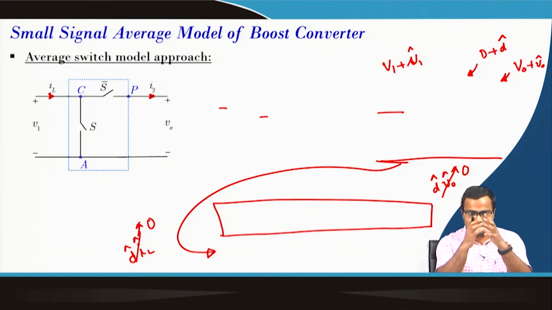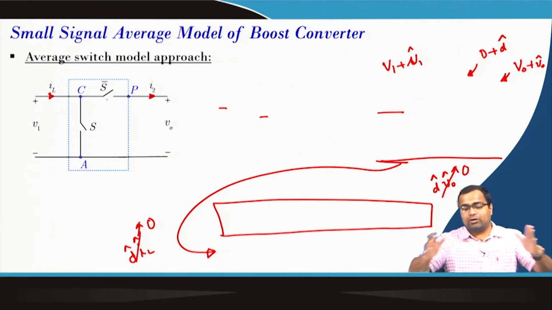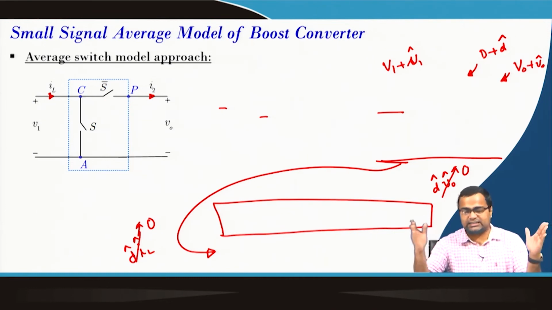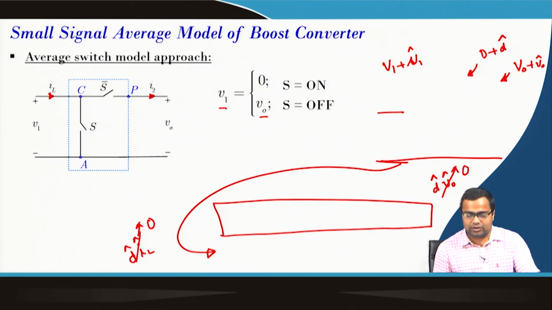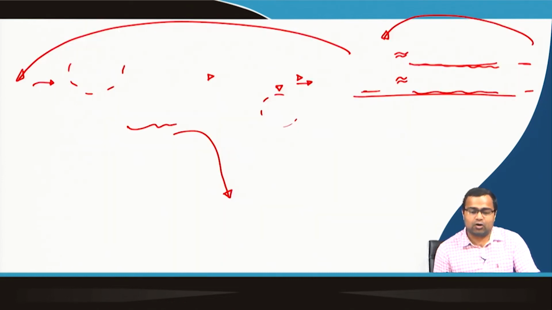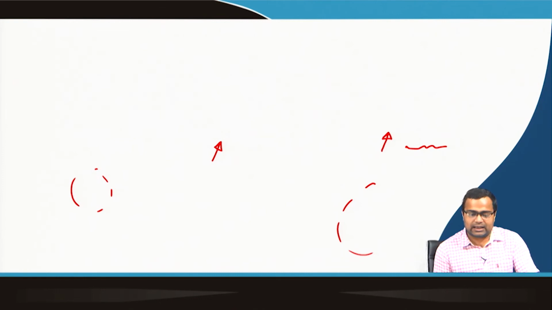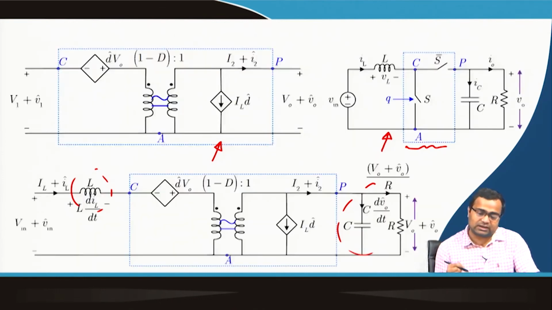That means we took the switch element and did not touch anything like the left side inductor and right side capacitor; we kept that part as it is. We just extracted the switch model, obtained the equivalent circuit of the switch model, and then connected the inductor and capacitor of the original boost converter, including the switch model, to get the complete equivalent circuit.